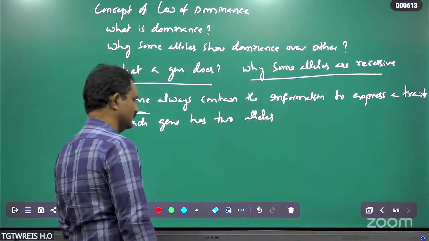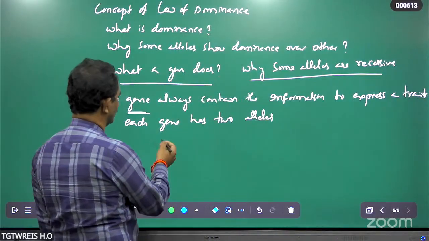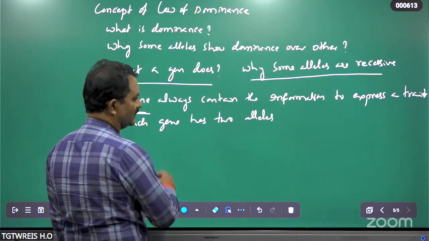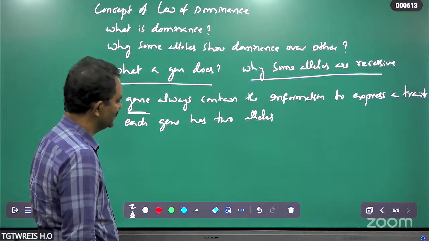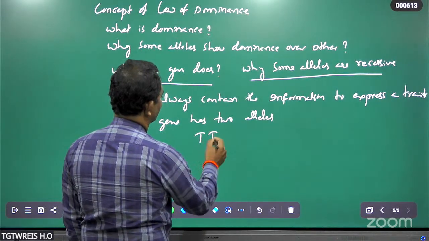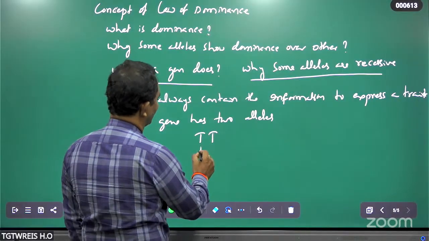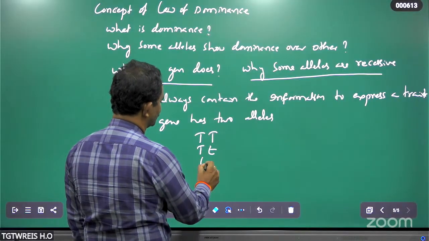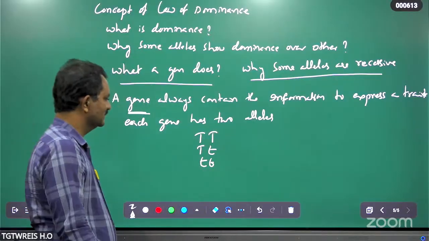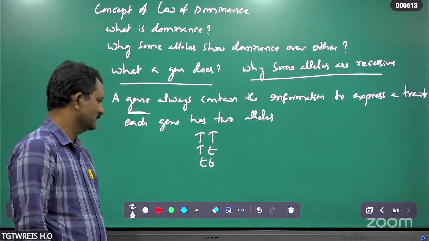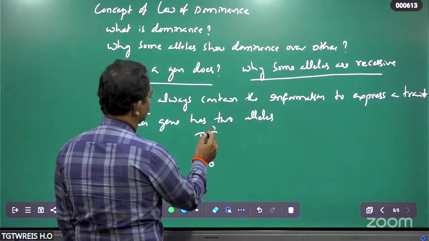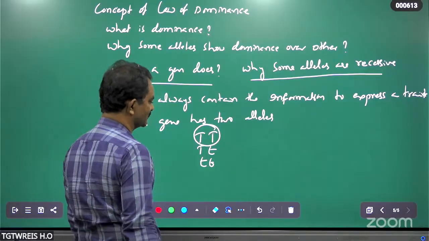Already we know, for example, the gene for height has two alleles. Those are TT, Tt, or tt. So these two are the alleles of the same gene.